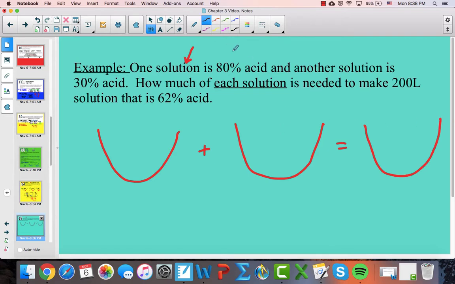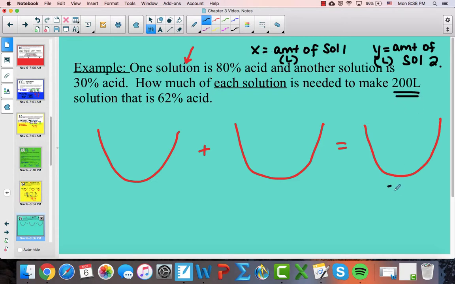All right. Now, we don't know what the solutions are, so I'm just going to let X equal the amount of solution 1. And I'm going to let Y equal the amount of solution 2. Now, I notice that they're in liters, so I know that my answers are going to be in liters. Okay? All right, now remember, one of them relates to the total amount, and I want to make 200 liters.